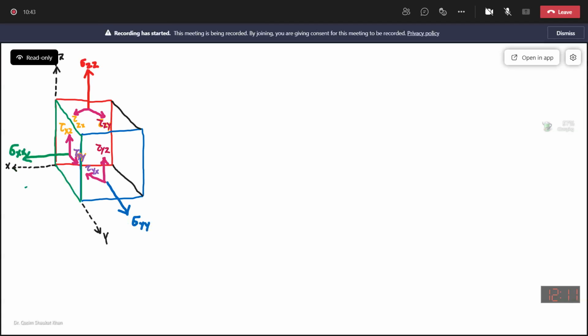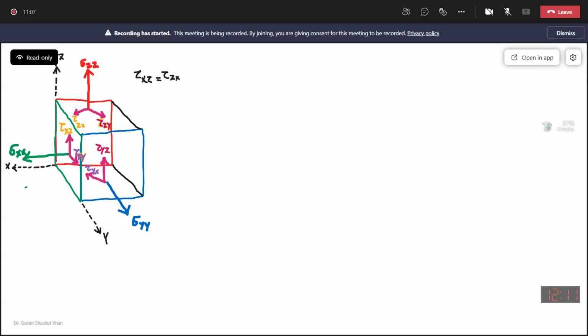Now a point to be noted here is that tau xz and tau zx are basically complementary to one another. Tau xz is equal to tau zx.